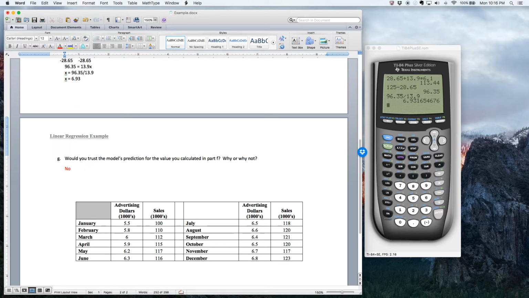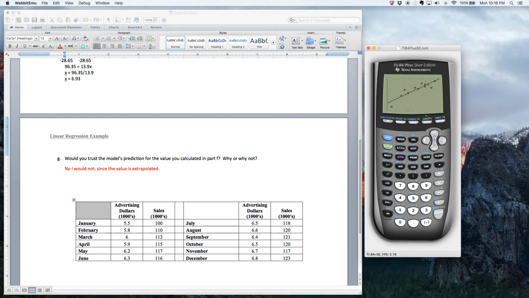And I would say no, I would not, since the value is extrapolated. Again, extrapolated means we're using a number that is outside of the given data. If you're wondering why that is a problem, when you go back to the calculator and look at the data, it's a big assumption to say that this data is moving in a linear trend.